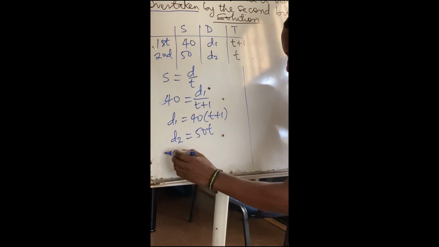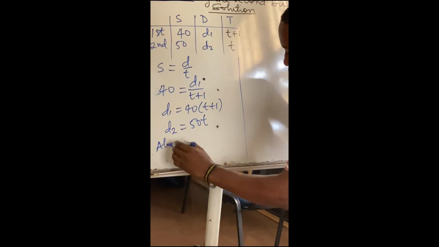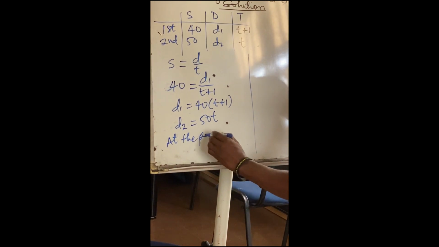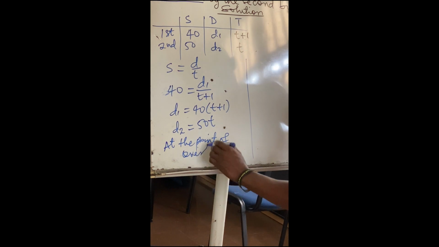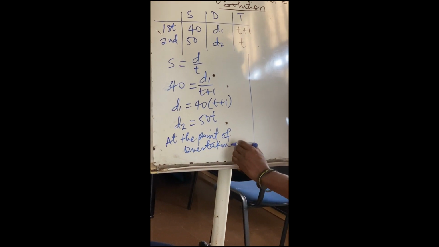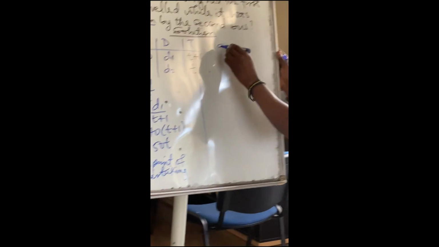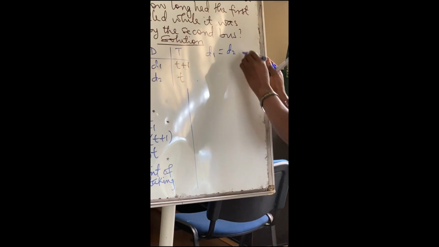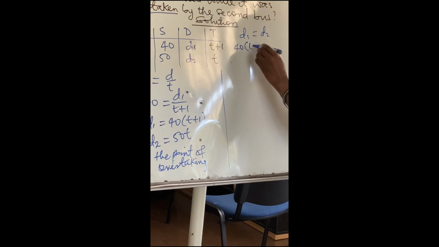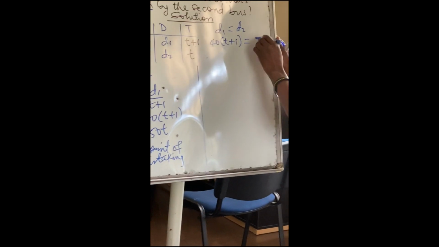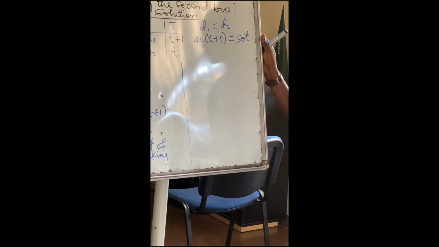At the point of overtaking, D1 equals D2, which implies that 40(t plus 1) equals 50t.